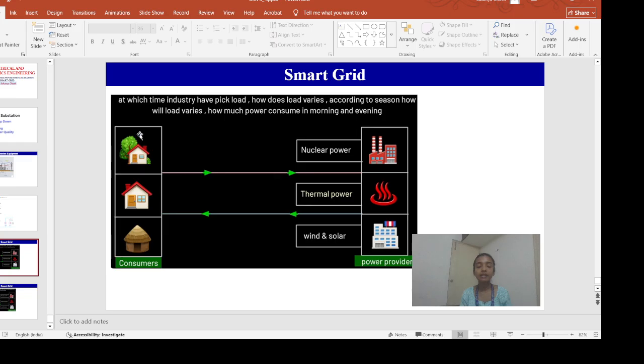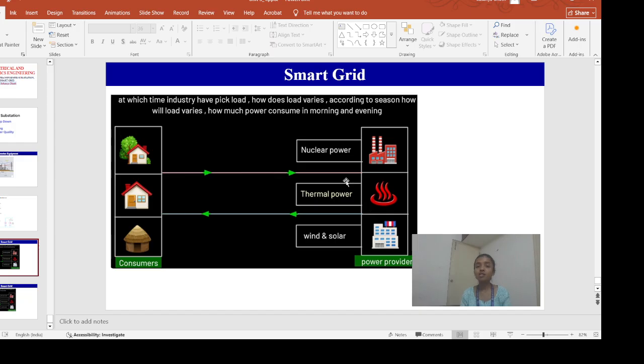In the smart grid system, not only is the electricity flowing from these power plants to the consumers or load, but after consuming that electricity, these consumers will also be sending information to these power plants or the generating stations.